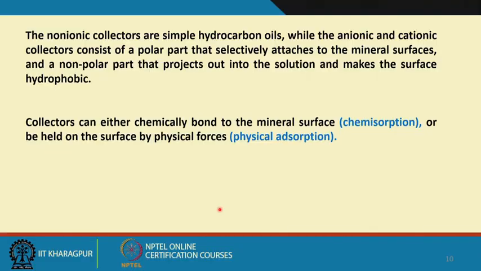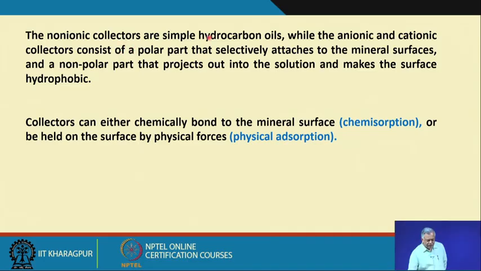Now, in this case the non-ionic collectors are basically simple hydrocarbon oils, while the anionic and cationic collectors consist of a polar part that selectively attaches to the mineral surfaces and a non-polar part that projects out into the solution and makes the surface hydrophobic.